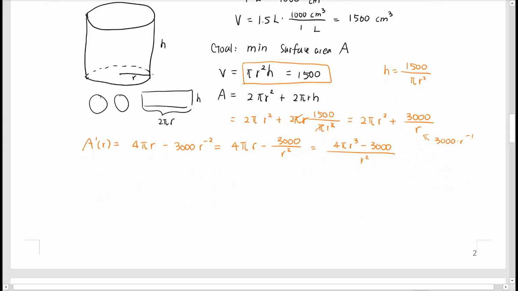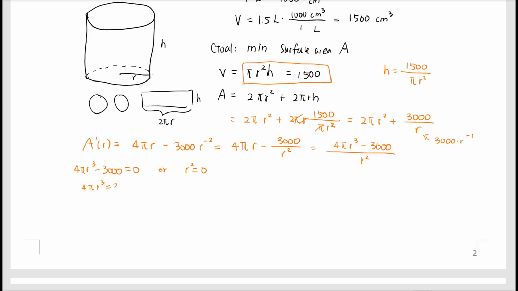What do we want to do? We want to find critical points, but because this is a quotient, we need to let the numerator equal 0, and we also need to let the denominator equal 0. So numerator equals 0, we solve for that. 4 pi r cubed is 3000.